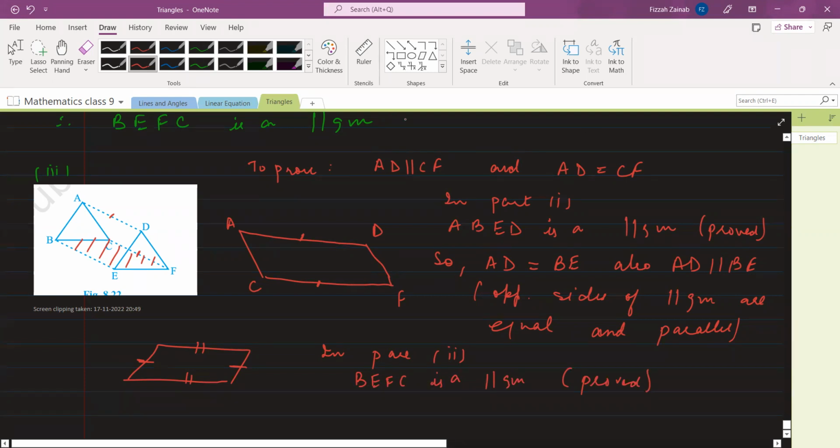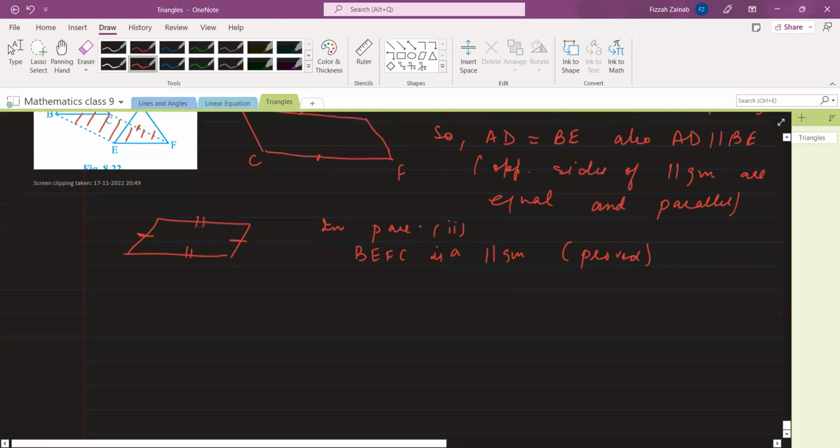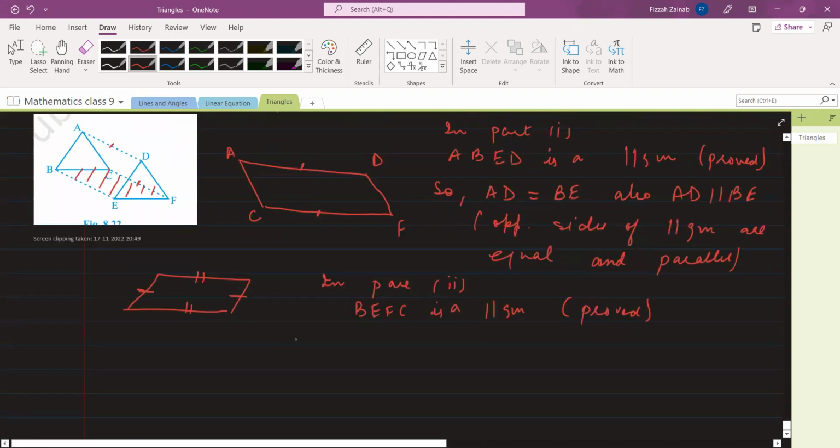Now, because we have proved it, the other pair of sides is also equal and parallel. So we can say that BE is equal to CF and BE is parallel to CF. Again, the same thing, that opposite sides of a parallelogram are equal and parallel.